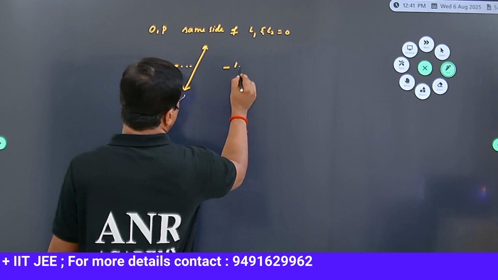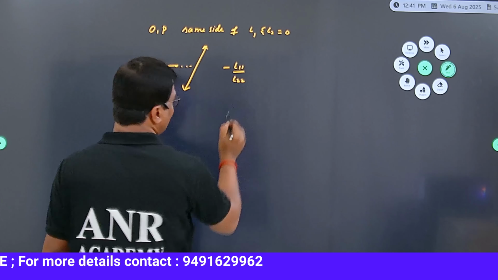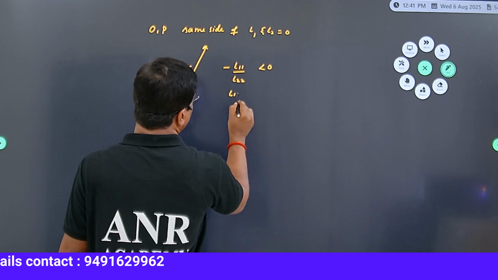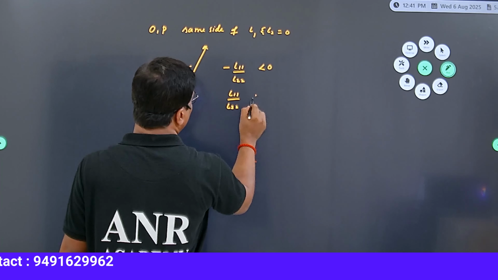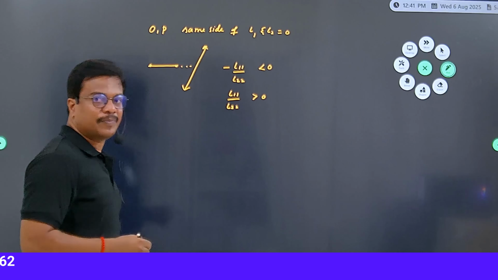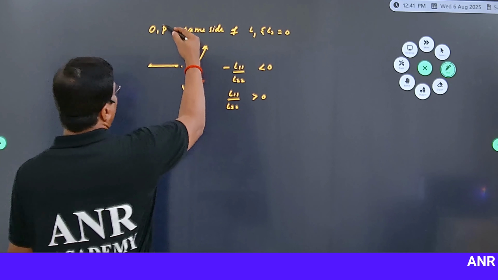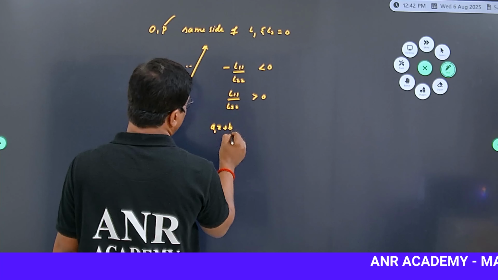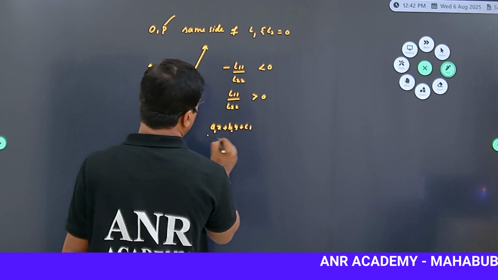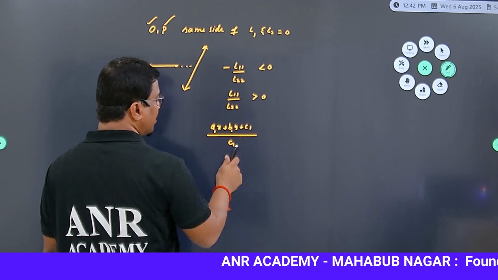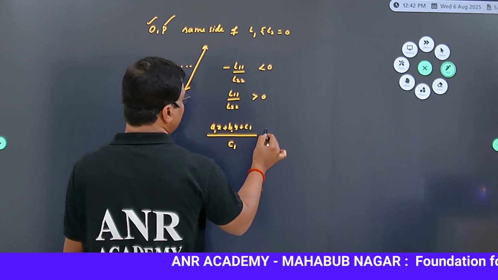Therefore, in this case, the division ratio minus L11 by L22 is negative, which implies L11 by L22 can be written as more than 0. For the first point, A1x plus B1y plus C1 divided by, next if you write the origin in the line, you will get just C1, more than 0.